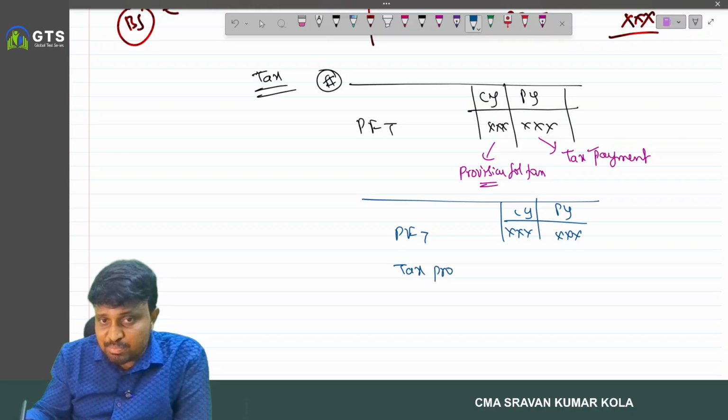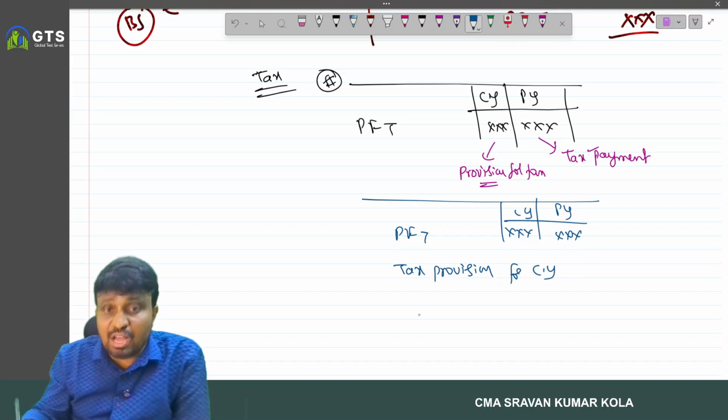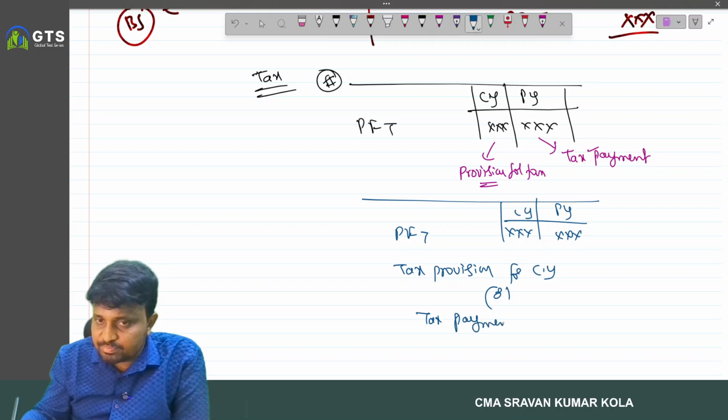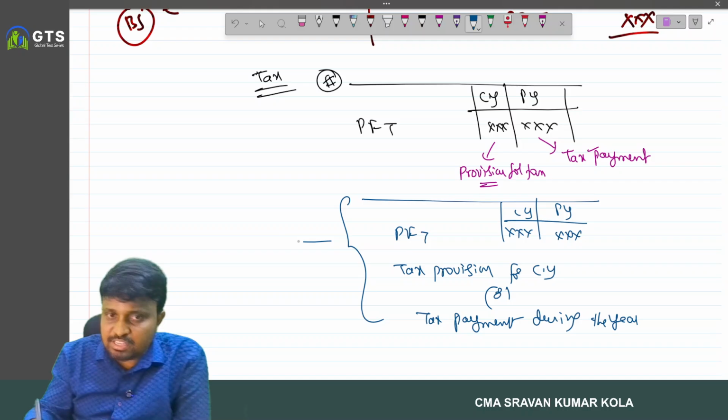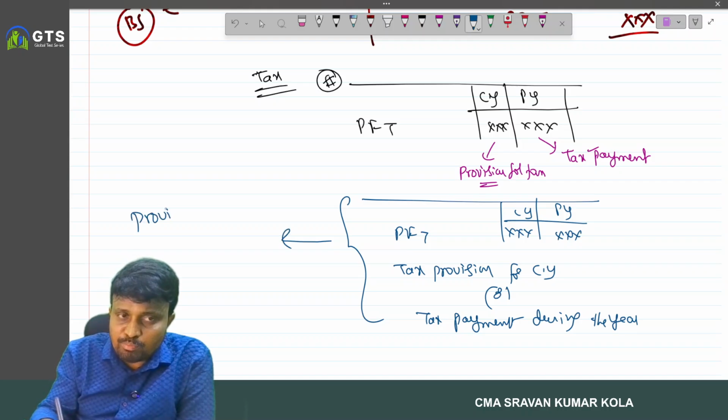So what is the tax provision for the current year, or tax payment during the year? In this case, it is better to prepare the provision for tax account.